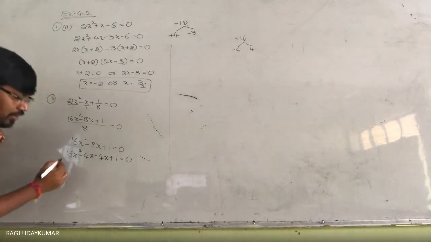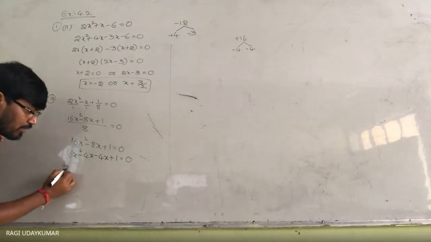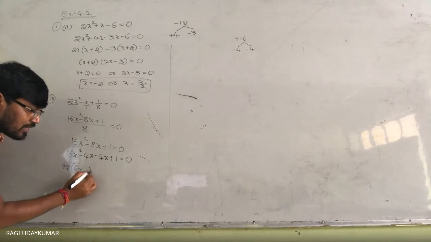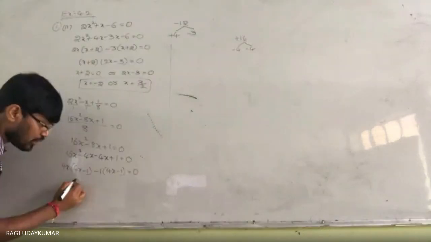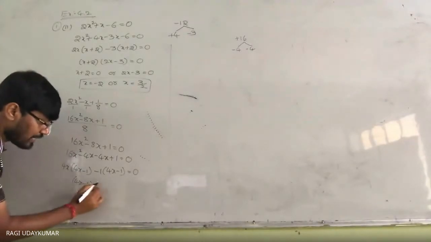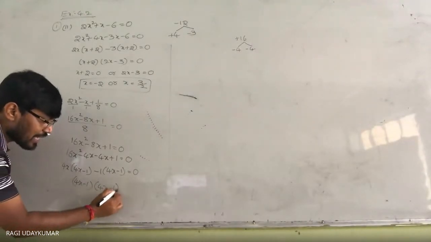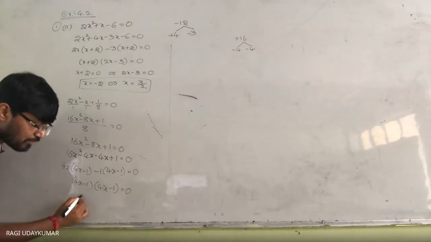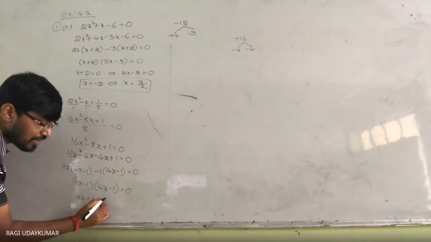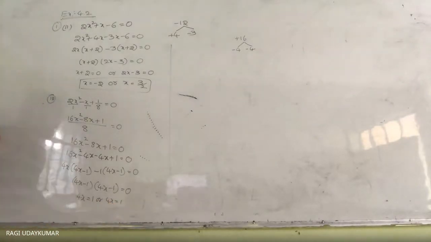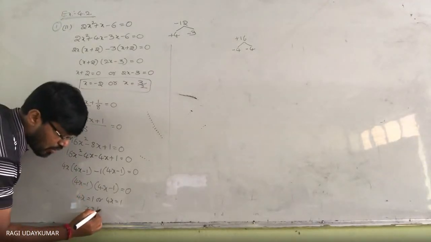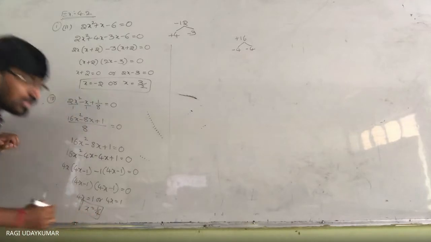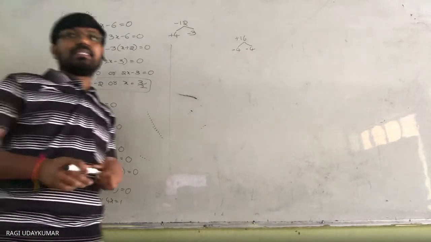So from this if you take the 4x common, 4x minus 1 is common, 4x minus 1 is equals to 0. 4x minus 1 if you take the common, and 4x minus 1 again you are going to get it. From this 4x is equals to 1 or 4x is equals to 1. Actually repeated roots we are going to get in this equation. So x is equals to 1 by 4, 1 by 4 two times we are going to get in this equation.